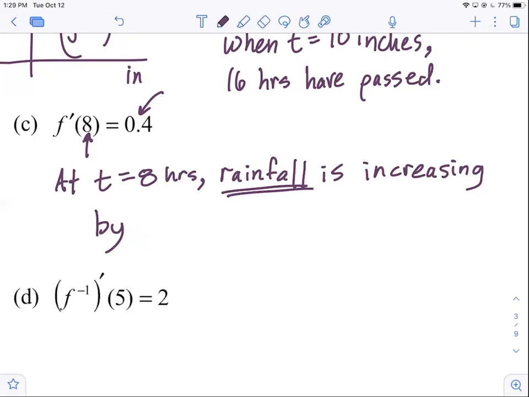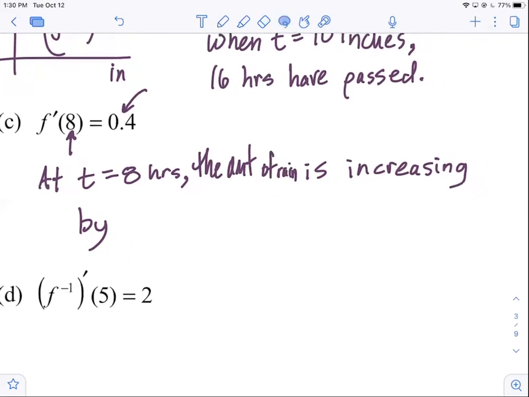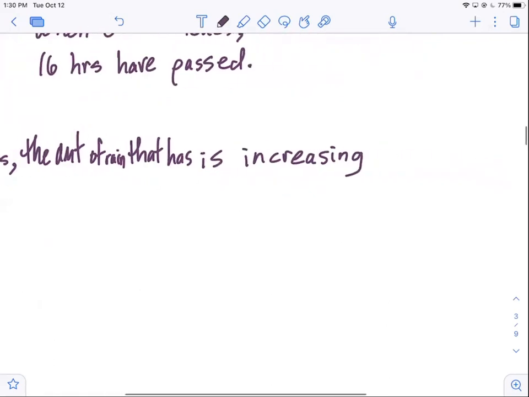Inches. Collection of rain, the amount of rain. Maybe we shouldn't say rainfall. I think that's what threw me off. How about at t equals 8 hours, the amount of rain. Oh, good. Look, I can just move this over. Hey, that's neat.